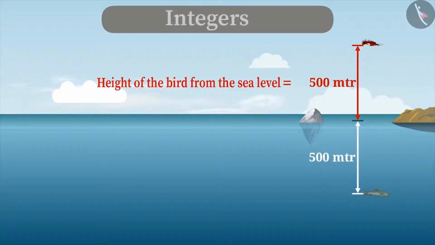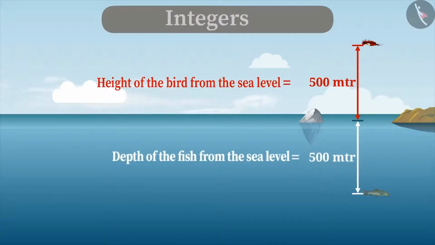The height of the bird from the sea level is 500 meters and the depth of the fish from the sea level is 500 meters. But this is an incorrect way to represent their differences because both are situated in opposite directions. The bird is above the sea level, whereas the fish is below the sea level.